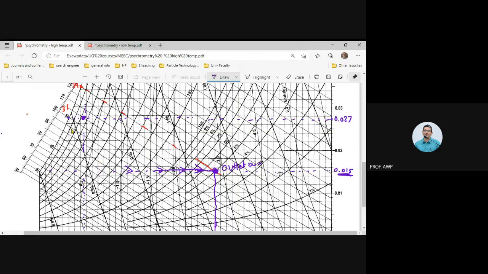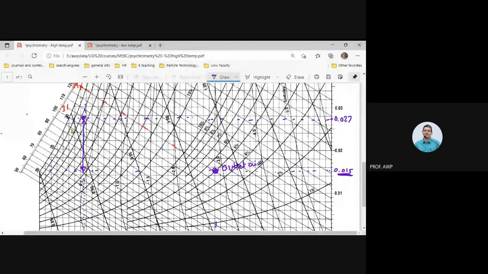Okay. Do you agree that this is our outlet air, 80 degrees centigrade, 5% RH, which has a humidity of 0.015, right? Do you agree with this? Yes, sir. So that means we need to remove water from this air.